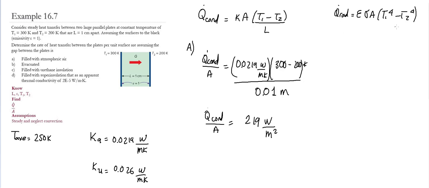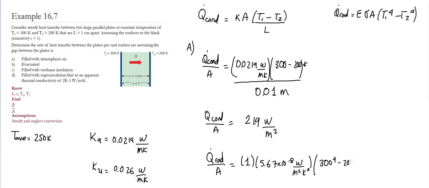So for part A, we also have radiation. So Q radiation, as a function of area, is going to be epsilon. The value of epsilon was given to be 1. The value of sigma, the Stefan-Boltzmann constant, is 5.67 times 10 to the negative 8 watts per meter squared Kelvin to the 4th. And the two temperatures that we have are going to be 300 to the 4th minus 200 to the 4th, once again in Kelvin to the 4th.